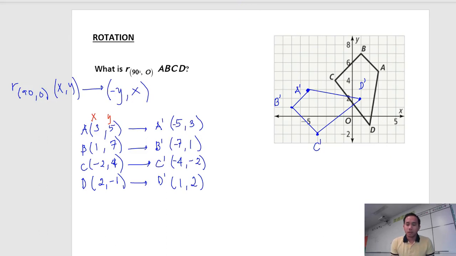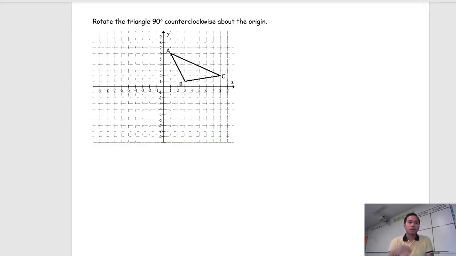Next we have this. Rotate the triangle counterclockwise about the origin. So 90 degrees. Again, we have to rotate 90 degrees about the origin. So we have the x and y will change.